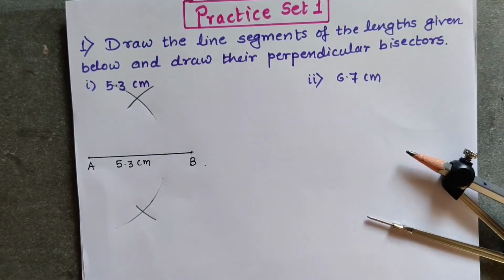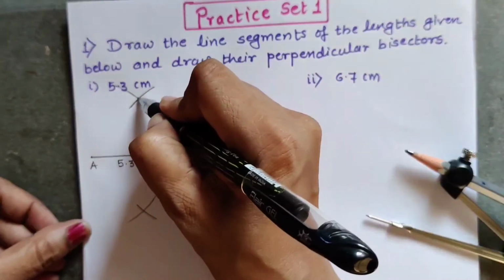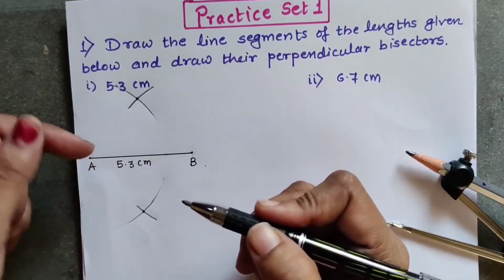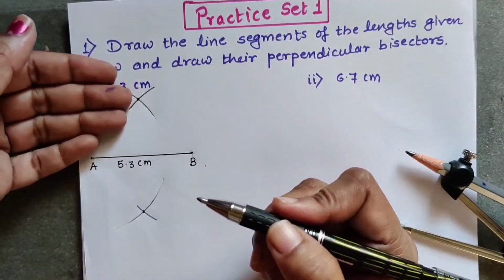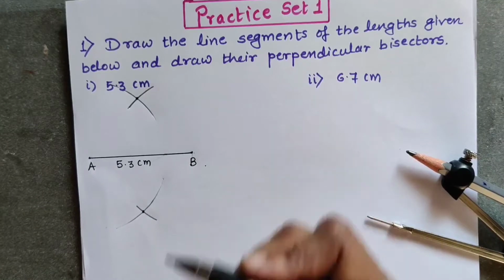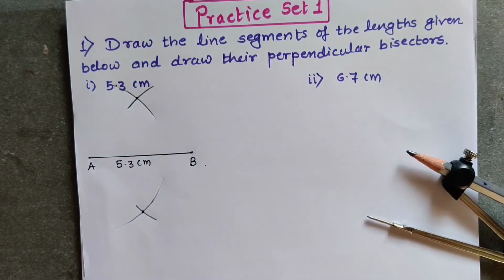Now after drawing these 2 arcs, we have got 2 points above segment AB and 1 below segment AB. We are going to join these 2 points to get our perpendicular bisector.